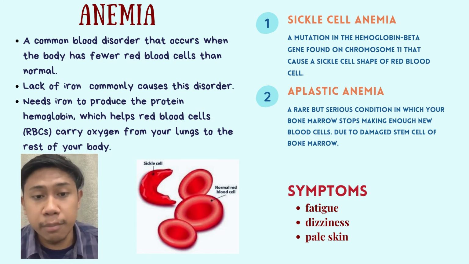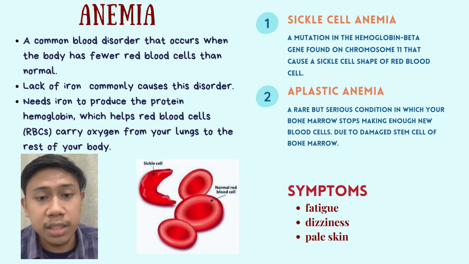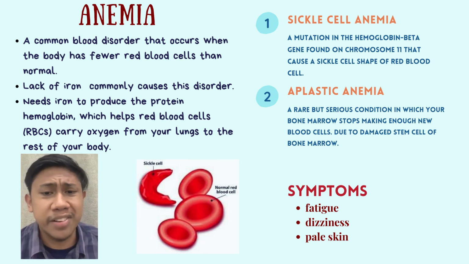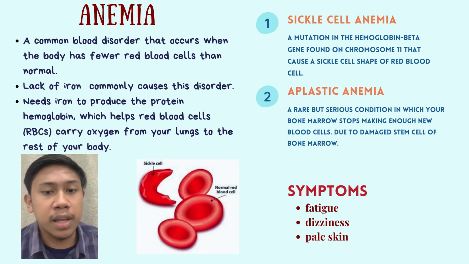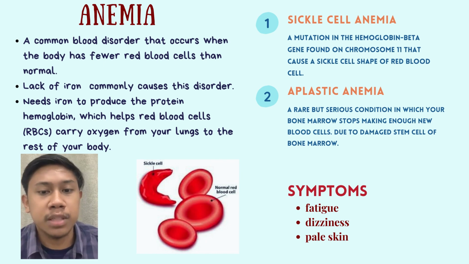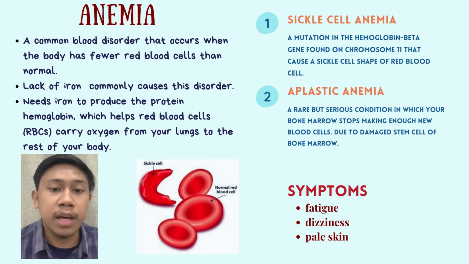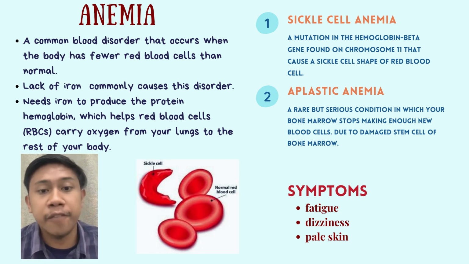Sickle cell anemia is caused by a mutation in the hemoglobin beta gene found on chromosome 11. It causes a sickle shape of the red blood cell. Next is aplastic anemia. It is a rare but serious condition in which the bone marrow stops making enough red blood cells due to damaged stem cells of the bone marrow. The symptoms of anemia are dizziness, pale skin, and fatigue.